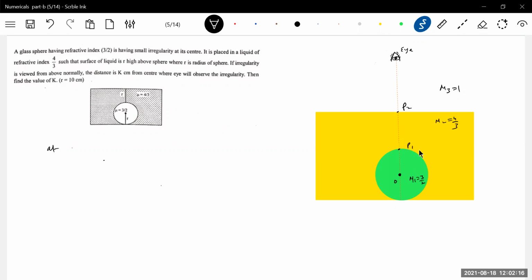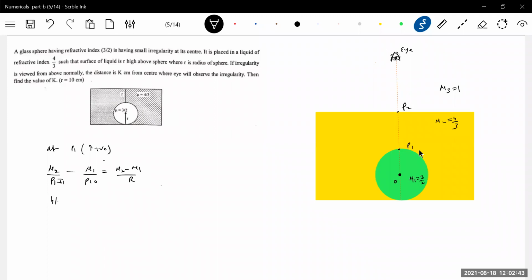First at P1, anything upward will be positive. So at P1 it will be mu2 by P1 I1 minus mu1 by P1 O equal to mu2 minus mu1 by the radius of curvature. That we will substitute with sign.